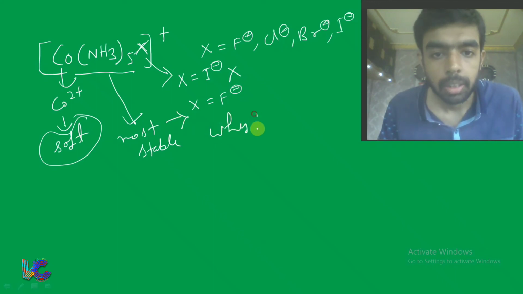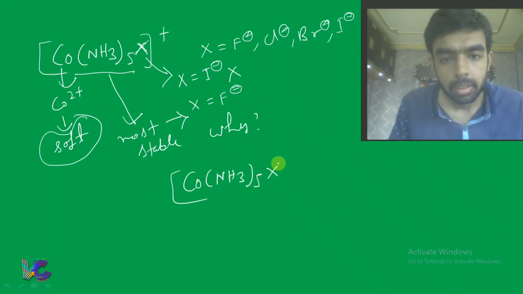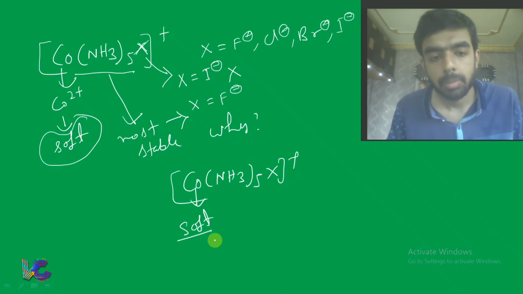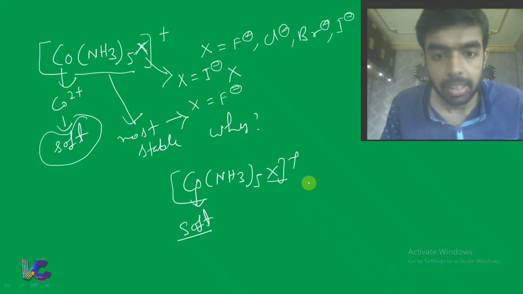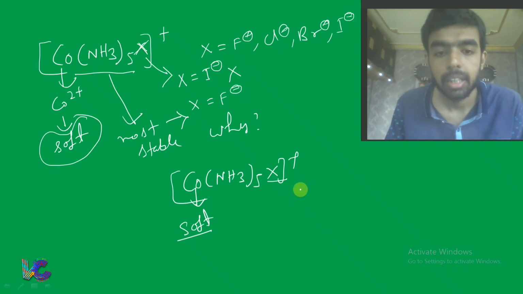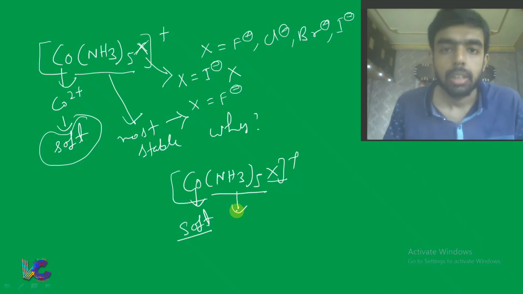This is due to symbiosis, because if you see [Co(NH3)5X]2+, here Co2+, although it is soft, that means you can understand from the HSAB principle that soft metal will attract soft ligand, that means X should be I-. But when X is F-, that means when X is a hard ligand, in that case this complex is more stable because here symbiosis occurs. In this complex 5 NH3 ligands are present.